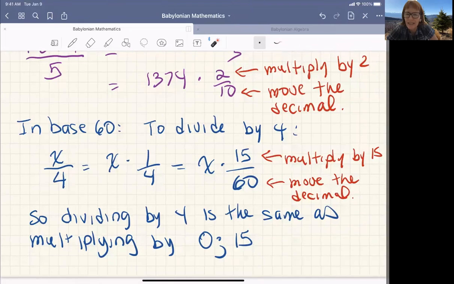And by the way, all of these tables, both the multiplication table and the inverse tables, are things that they would have had handy to actually solve these problems. So, in other words, before you can solve an algebra problem, you need to know arithmetic. And so they had these table texts that helped them with the arithmetic, and then they did the algebra.